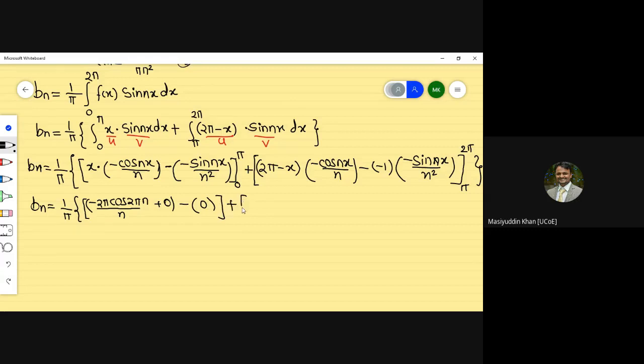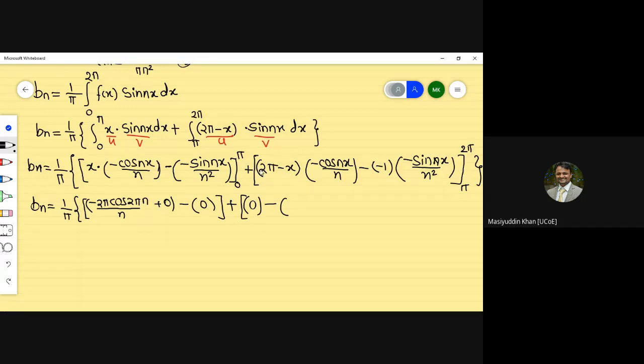Plus, substituting the upper limit, 2 pi minus 2 pi is 0. So this part is 0 into anything is 0, sine 0 is 0. So the upper limit is 0 minus lower limit, substituting 2 pi minus pi.